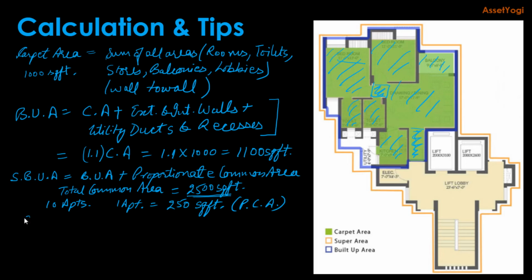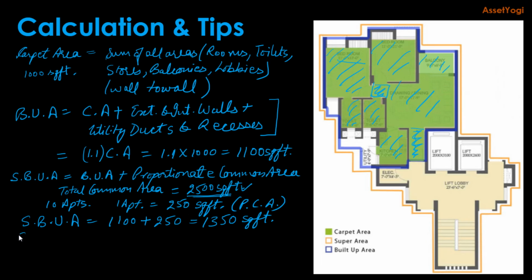So your super built up area becomes 1100 square feet of built up area plus 250 square feet of proportionate common area. So this becomes 1350 square feet. Now again, getting this total common area can be difficult sometimes. So in that case, again you can make a rough estimate by adding a loading factor to the carpet area.